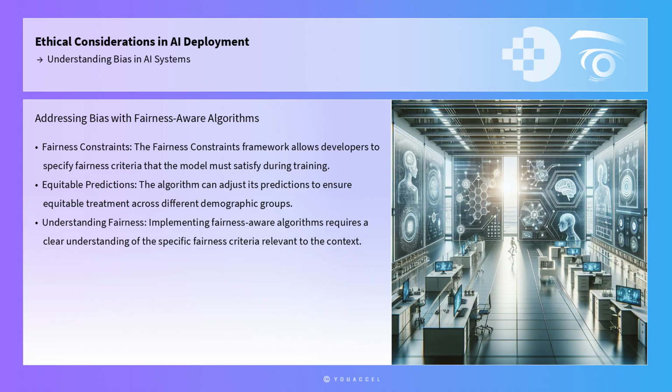By doing so, the algorithm can adjust its predictions to ensure equitable treatment across different demographic groups. Implementing fairness-aware algorithms requires a clear understanding of the specific fairness criteria relevant to the context, such as demographic parity or equalized odds, and the ability to balance these criteria with other performance metrics.